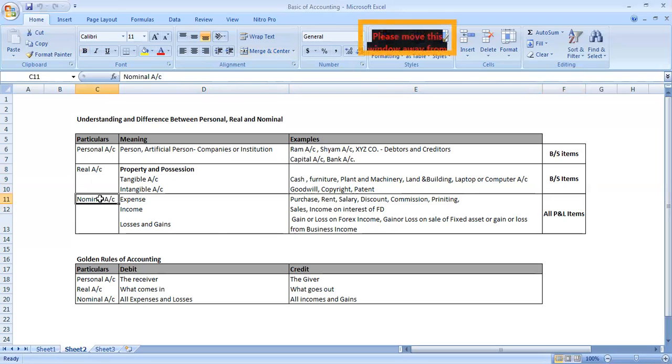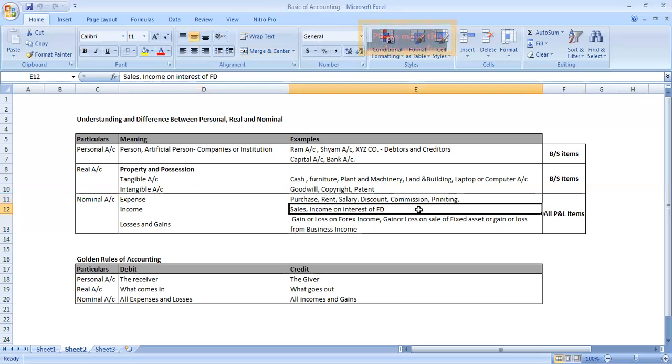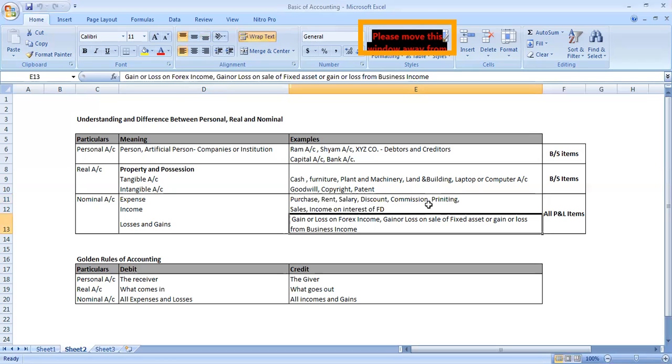Next comes the nominal account. Nominal accounts relate to expenses, incomes, losses, or gains. All the items of the nominal accounts will be classified under the P&L items. So basically, all my P&L items, such as purchases, sales, all sorts of expenses, operating expenses, direct expenses, indirect expenses, such as salary, rent, discount, commissions, printing, etc., will be part of nominal accounts.